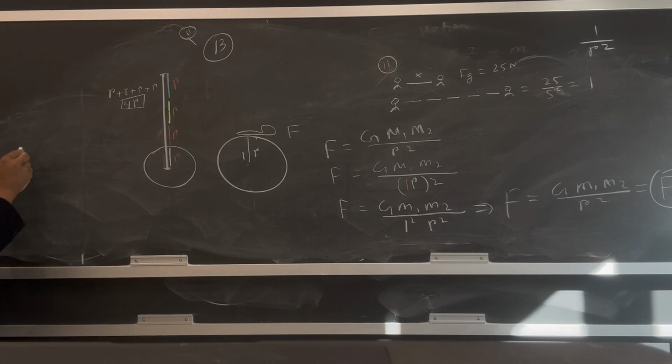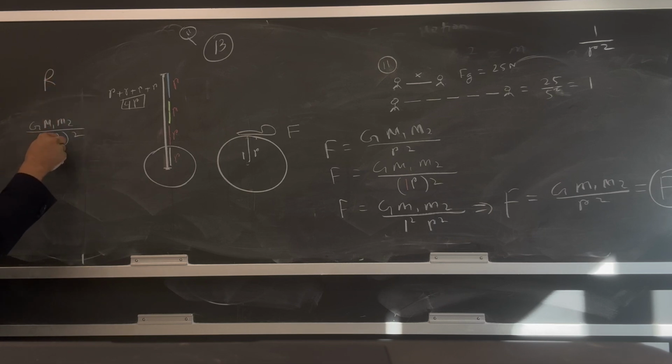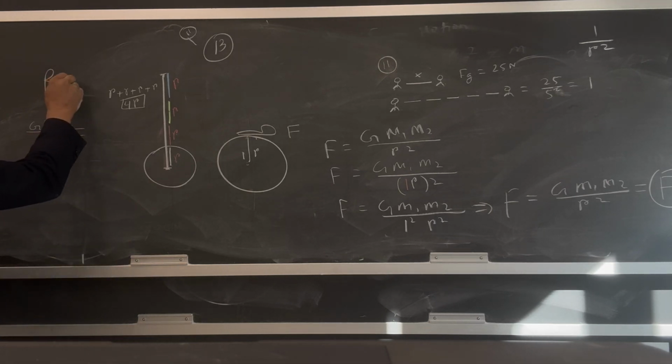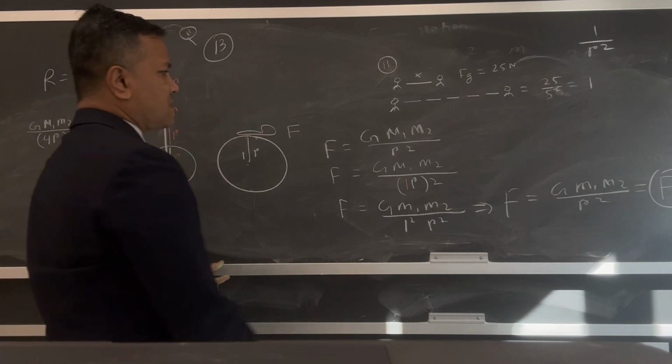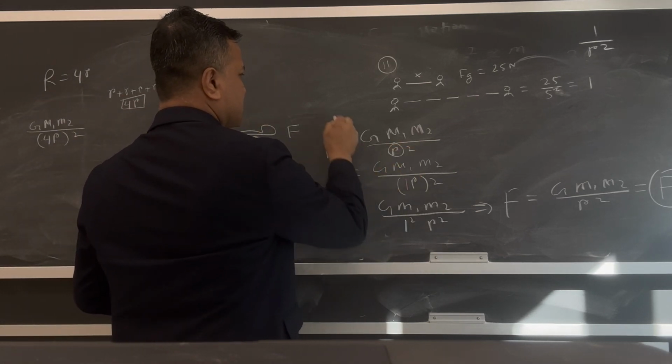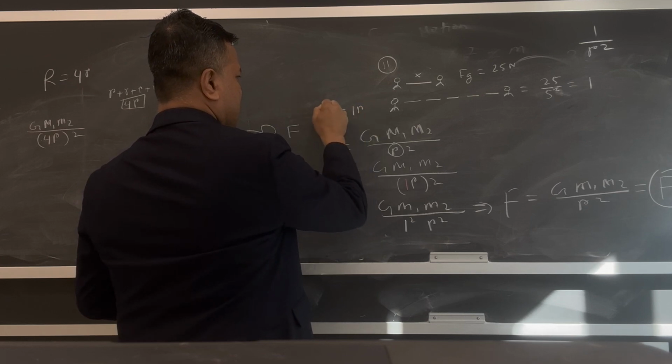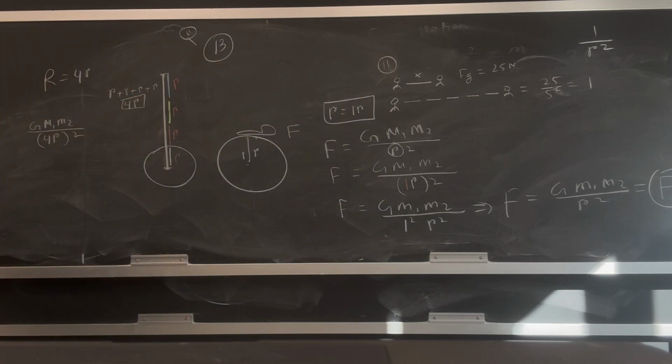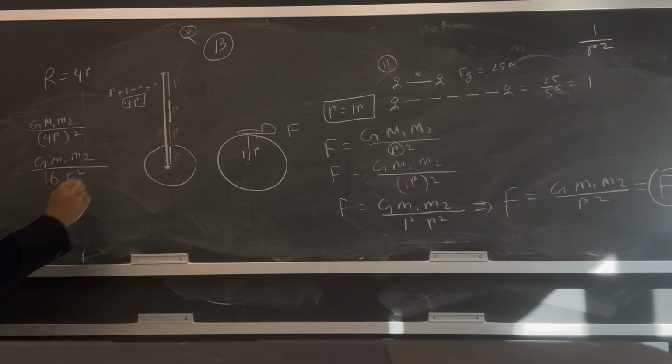Okay, so let's see what happened. G m1 m2 over 4r squared. So we replace r by 4r. We replace r by 1r. Okay, so G m1 m2 over 16r squared.